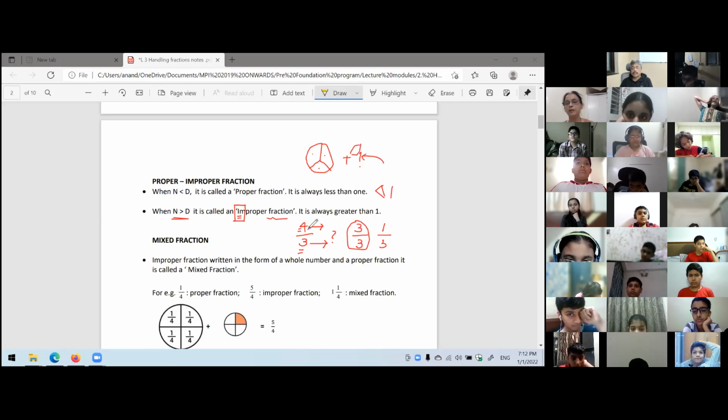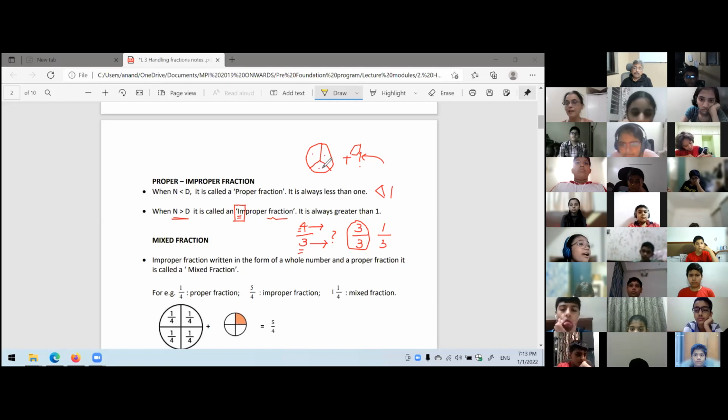So whenever the numerator is greater than the denominator, understand that this value can never come in one whole. We need more than one whole for an improper fraction. So an improper fraction always has one whole and a proper fraction in it.